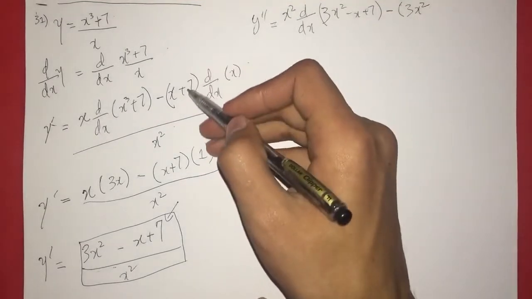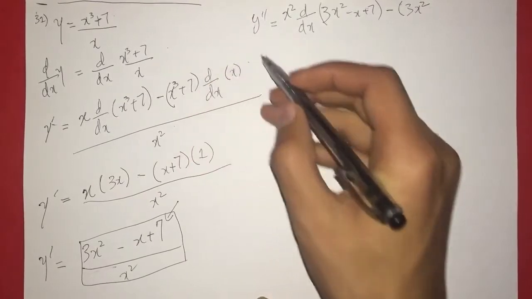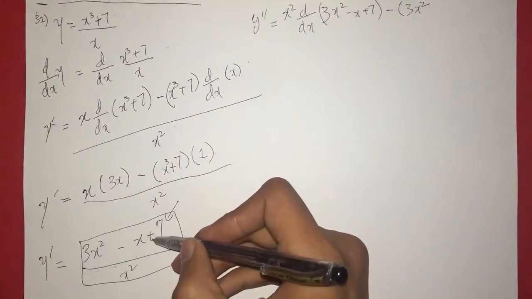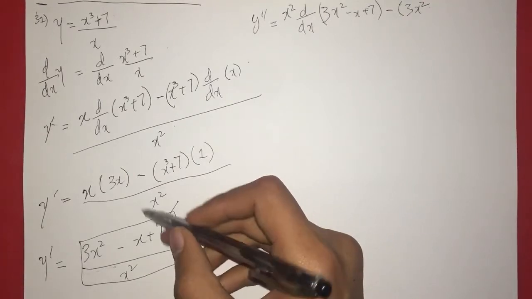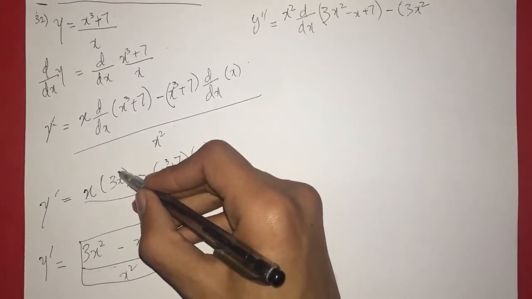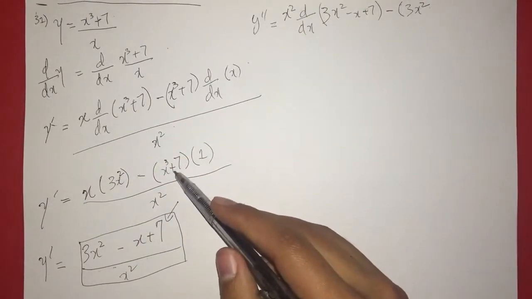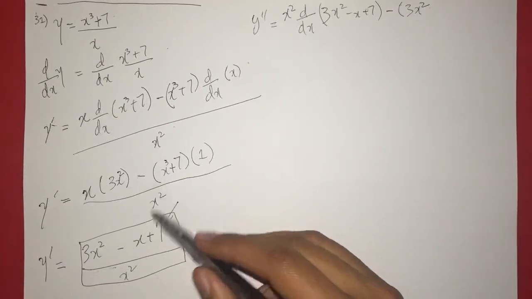Oh sorry, this is x cubed, so the derivative of x cubed is 3x squared, and minus 3x squared minus x cubed.